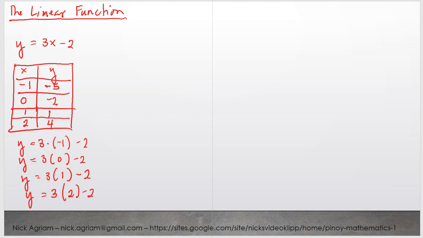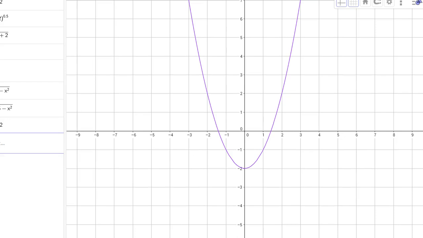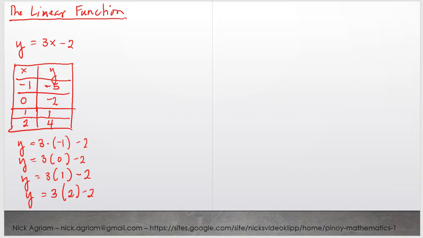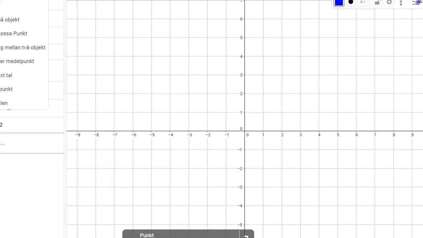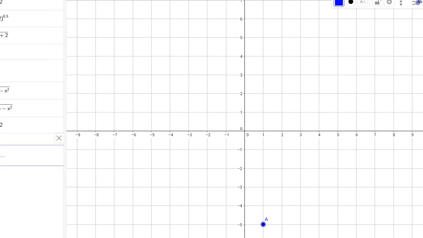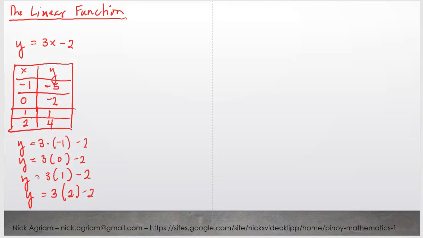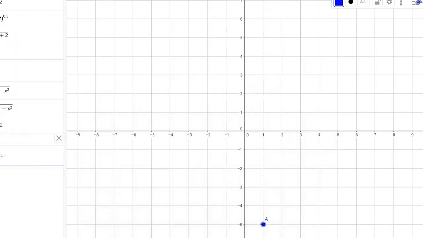If we want to graph this, then we will go here. So for example, when x is equal to -1, y is equal to -5. Then I have here, there I go. And then when x is equal to 0, then y is equal to -2.